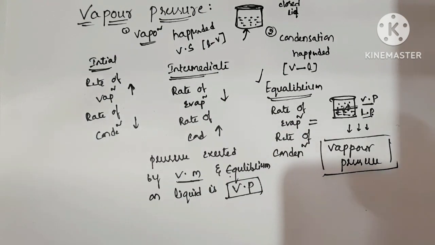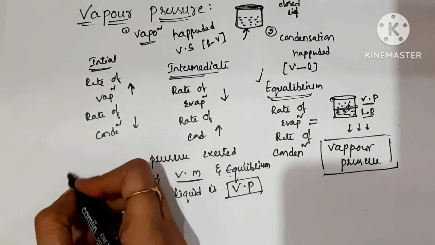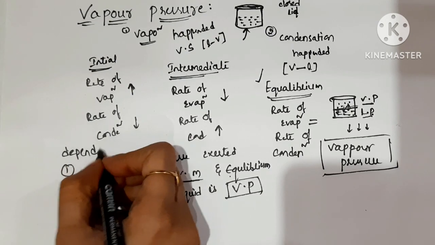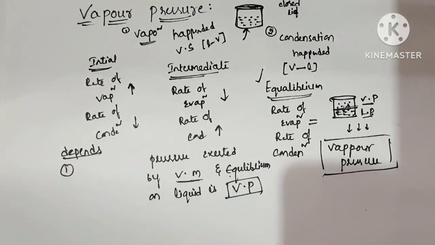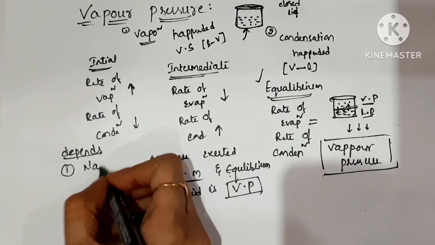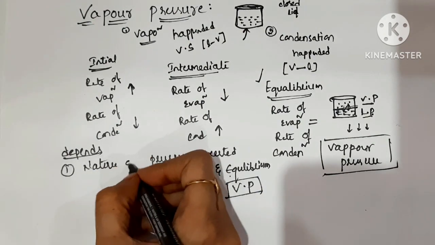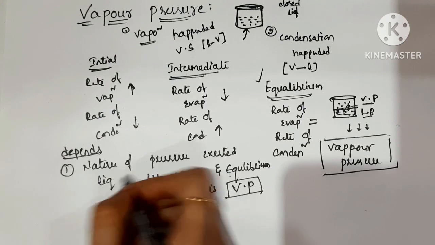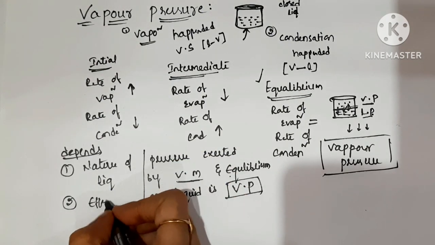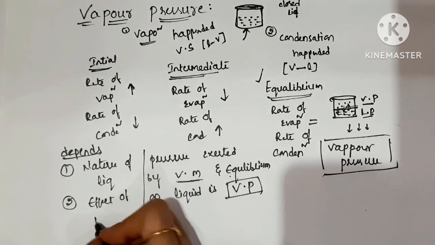So generally vapor pressure depends on two factors, right? So what are the two factors? Nature of liquid and effect of temperature.